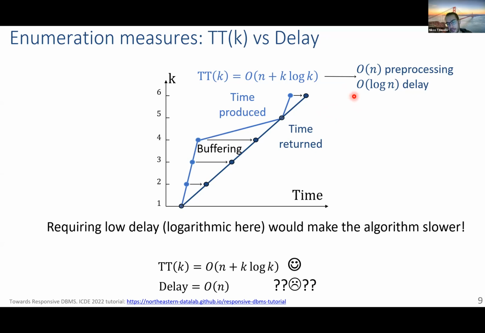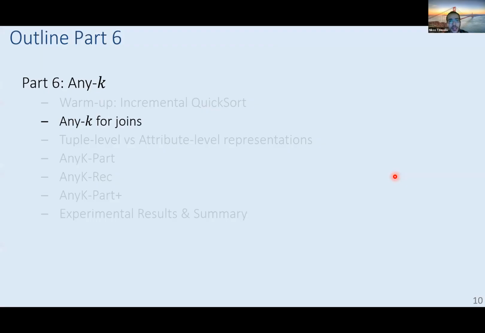But of course, this makes the algorithm slower because we don't return the results as fast as we can. So basically, again, to remind you that low delay doesn't necessarily mean that we get a faster algorithm. And if we are interested in getting the results as fast as possible, the time to k is the correct measure to look at.